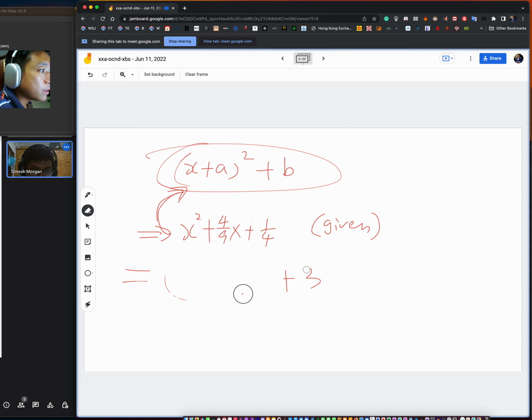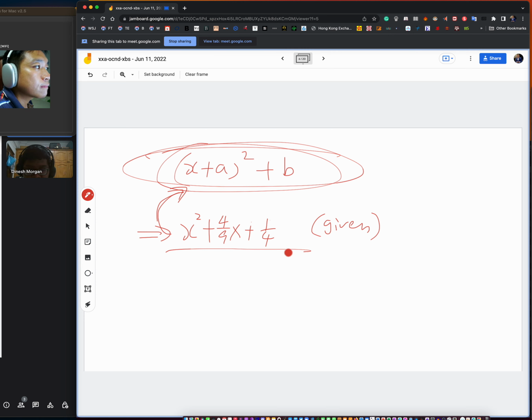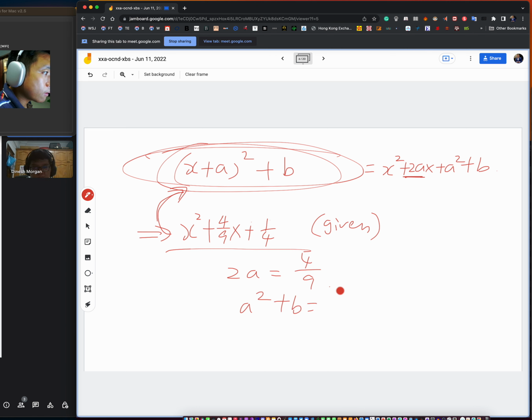There is another way to look at this question. Instead of completing the square, I will expand this. Let me expand it. I'm doing it by comparison, if you realize.